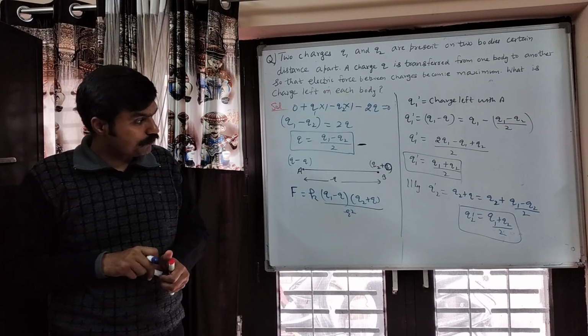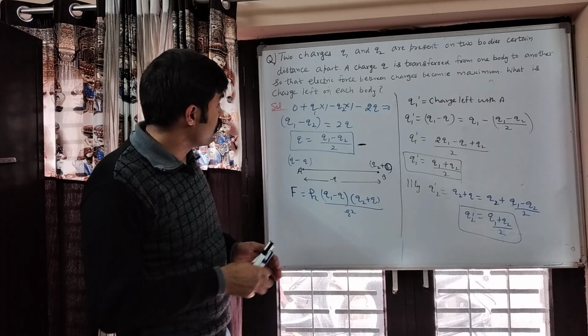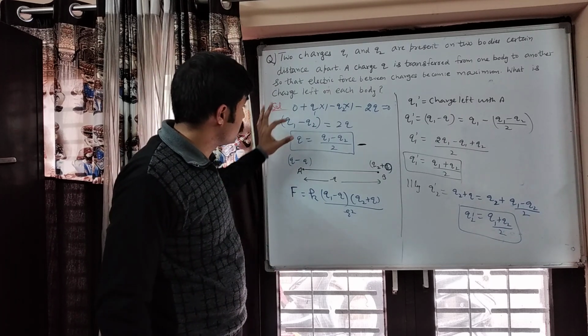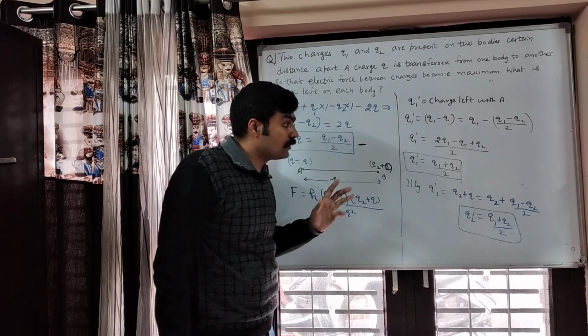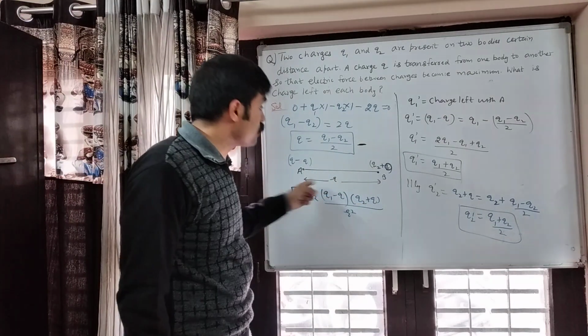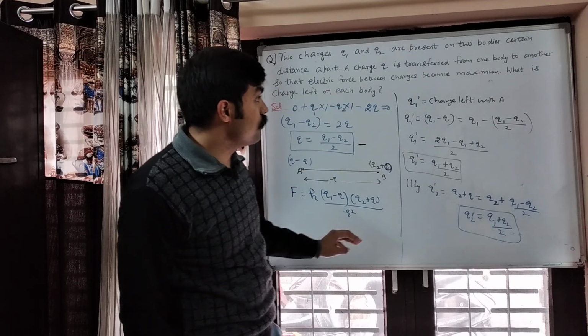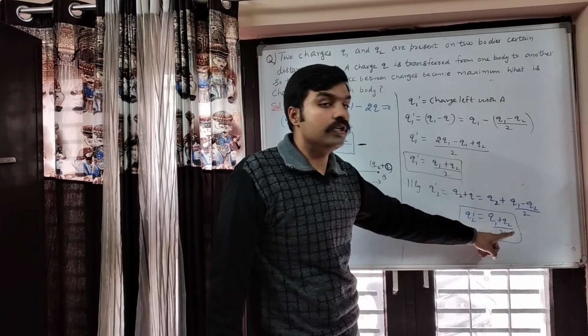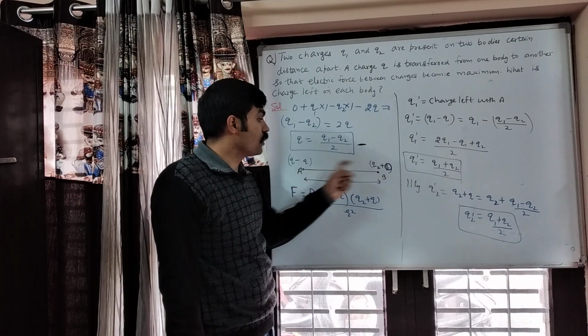So, students, with this all, we can now see that charge which should be shifted is Q1 minus Q2 by 2. And charge which is left with each body so that force between them becomes maximum is simply the arithmetic mean of initial charges on the two bodies. That is, both bodies should have the same charge.